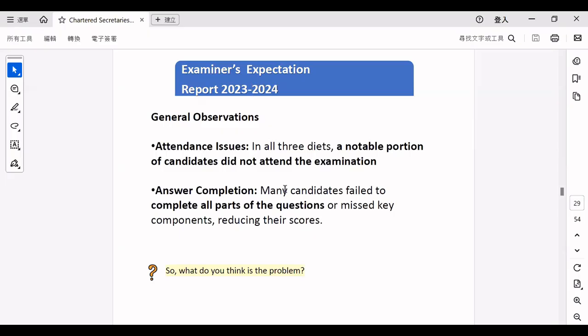Obviously, there are some candidates who really have problems and cannot attend because of their work or other things. But I think the majority of the candidates who did not come probably stayed away because of inadequate preparation. So maybe just think about this.